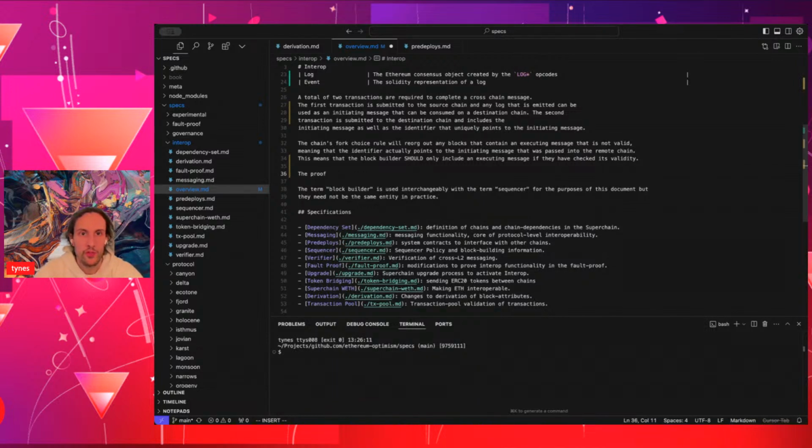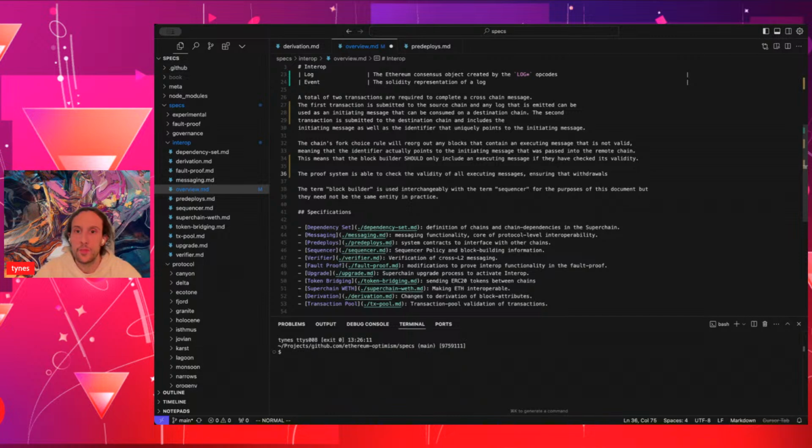The proof system is only useful for withdrawals.